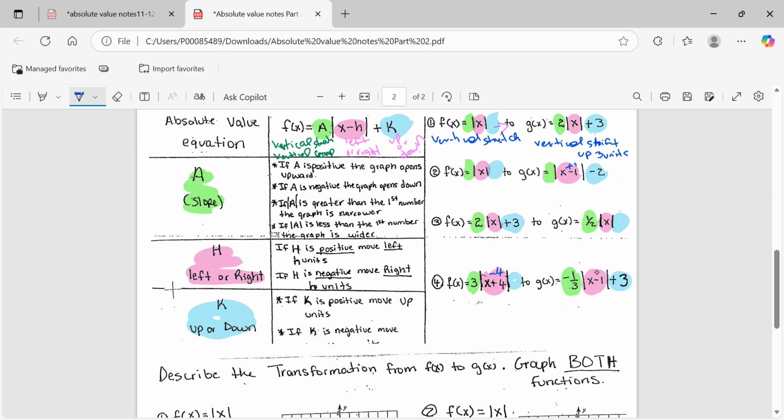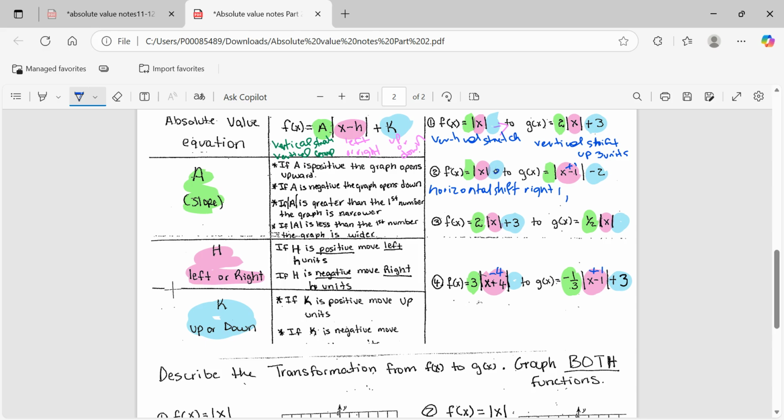That's -4, +1. All right, so it's not what I see. It's the opposite, which means this is actually going to be a horizontal shift left to right. And it's a +1, so I'm going right 1.